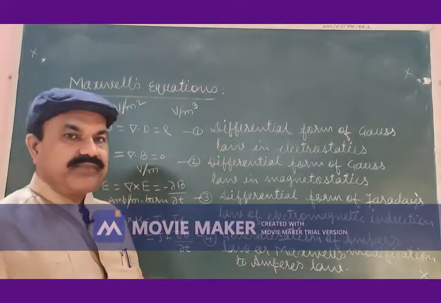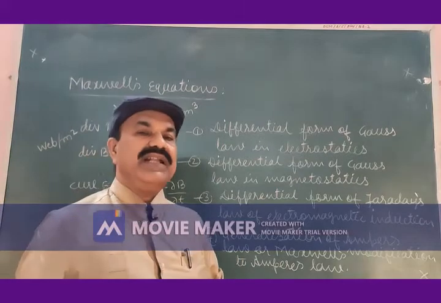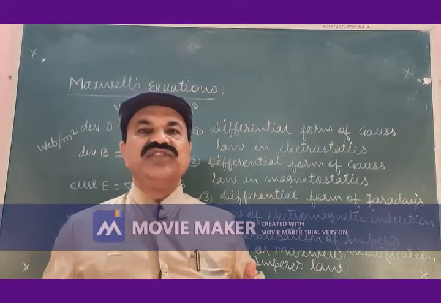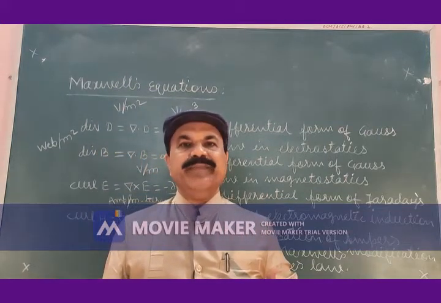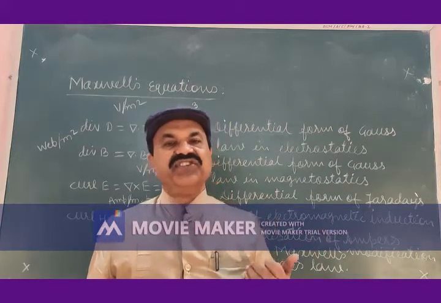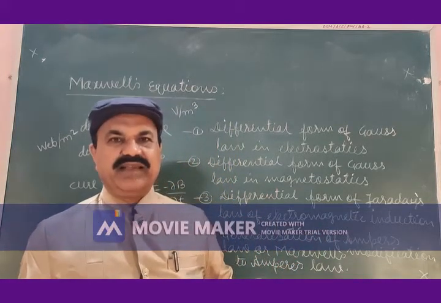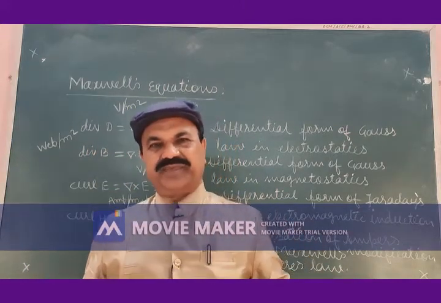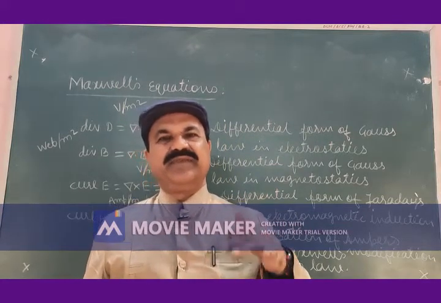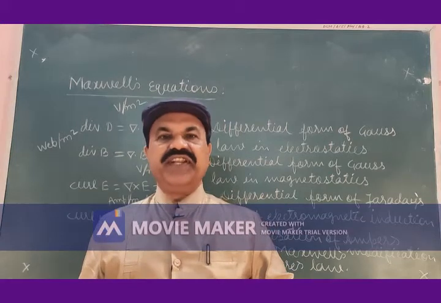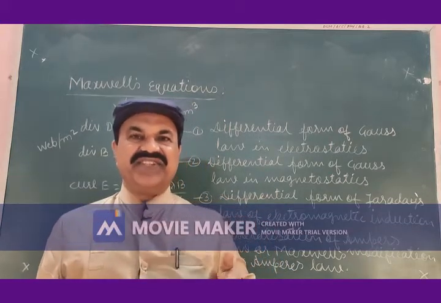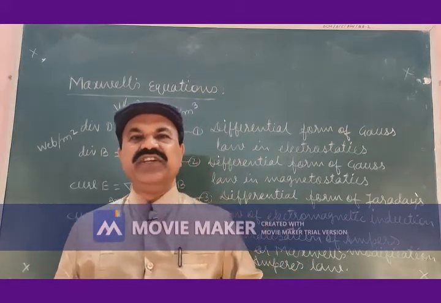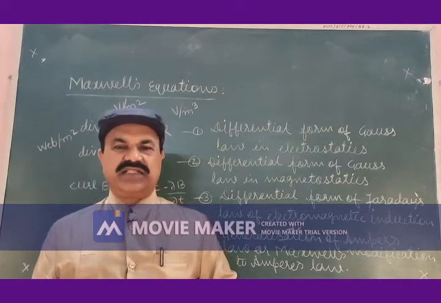Second one, divergence of B or del dot B is equal to 0. As I told, this is also differential form of Gauss law in magnetostatics. What is this magnetostatics? Magnetostatics is the branch of physics in which various magnetic parameters are discussed when the current producing the magnetic field is steady state current.